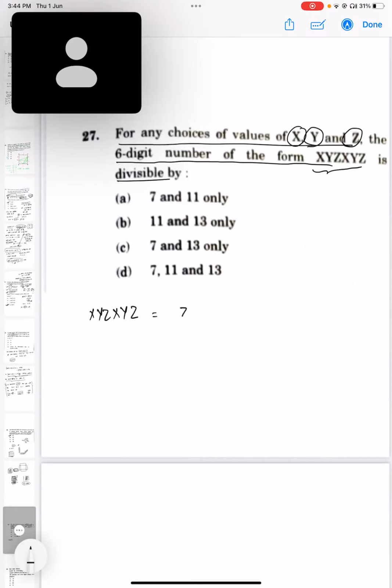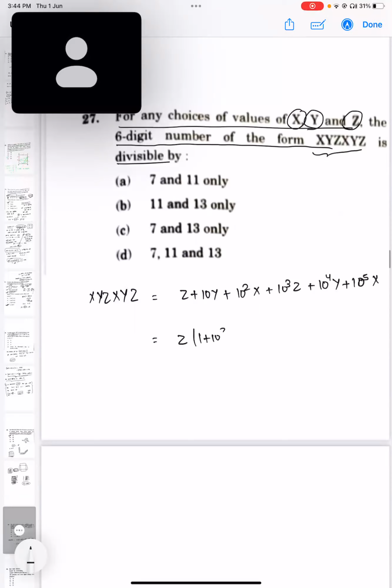It is nothing but z plus 10y plus 10 square x plus 10 cube z plus 10 to the power 4 y plus 10 to the power 5 x, right? It is nothing but z times 1 plus 10 cube, plus 10y times 1 plus 10 cube, plus 10 square x times 1 plus 10 cube.